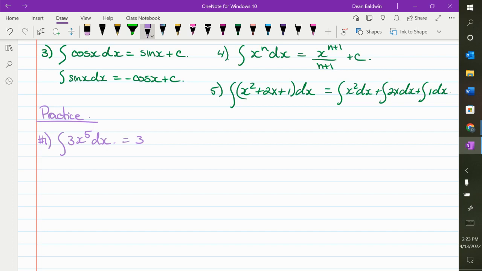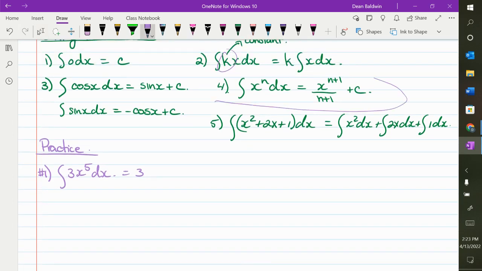And then look at the x to the 5th. What rule am I going to use? It's plus 1. Yeah, you can use that one. So you add 1 to 5. What's 1 plus 5? So 6. And divide by that new exponent. Simplify your fraction. 3 over 6 is one half. Tack on a plus c, and you're done.